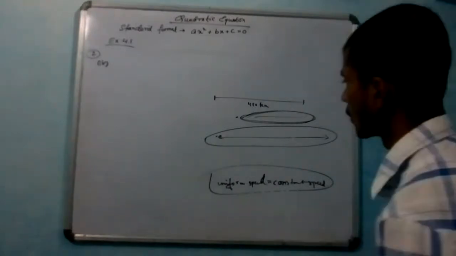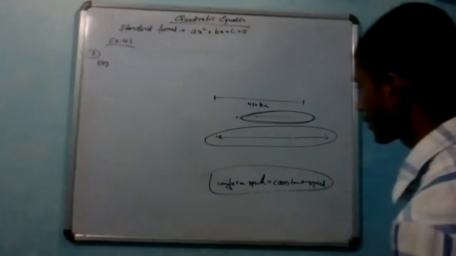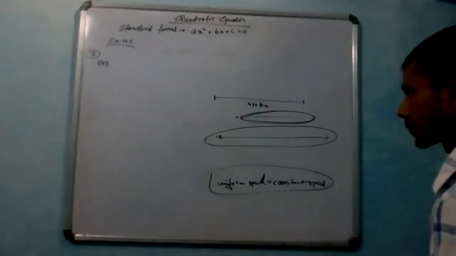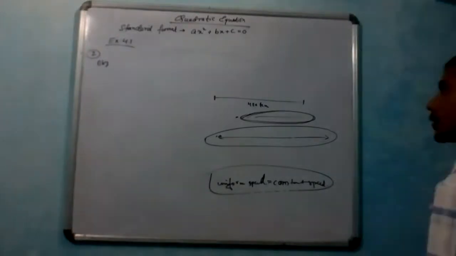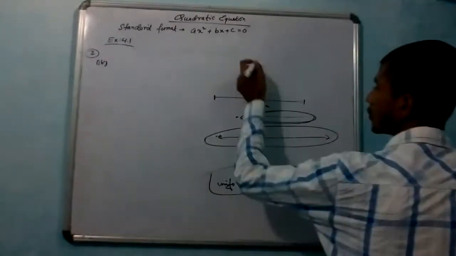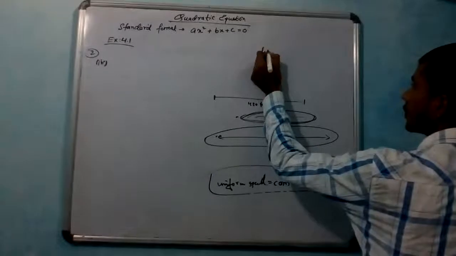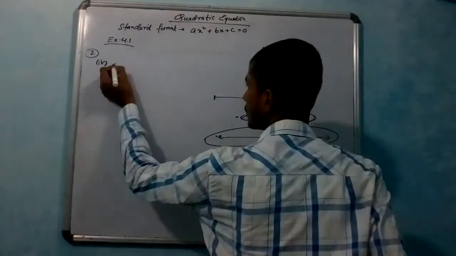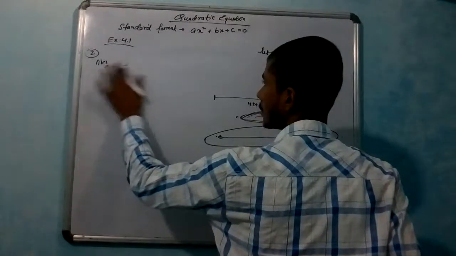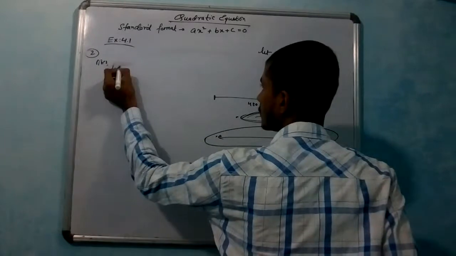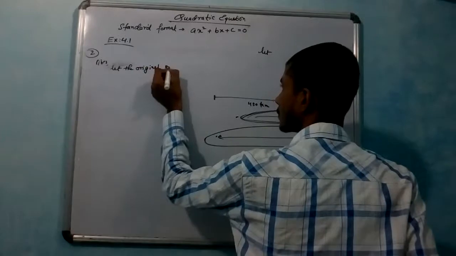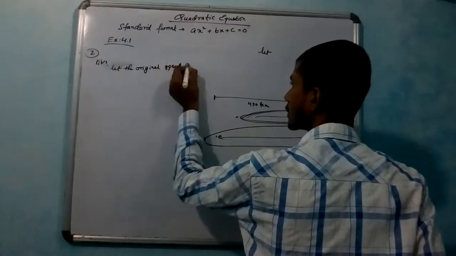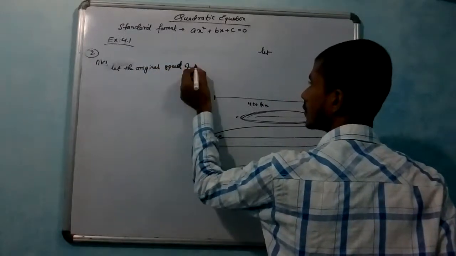So let the speed of the train be x kilometer per hour.